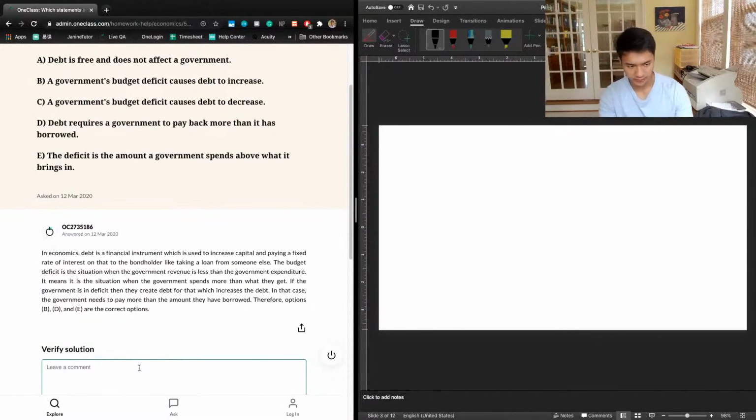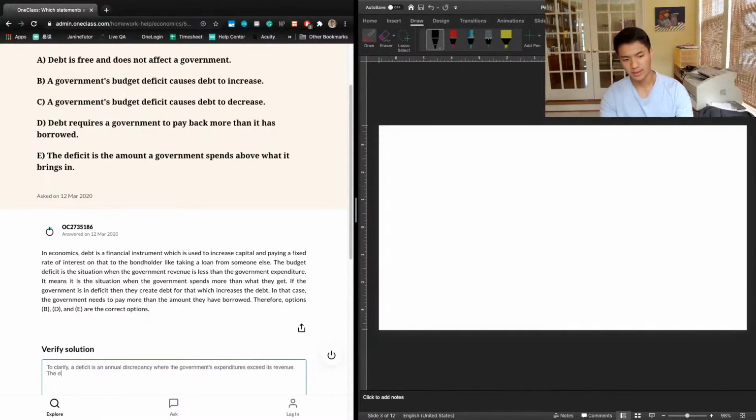I just want to further clarify. To clarify, a deficit is an annual discrepancy where the government's expenditures exceed its revenue.